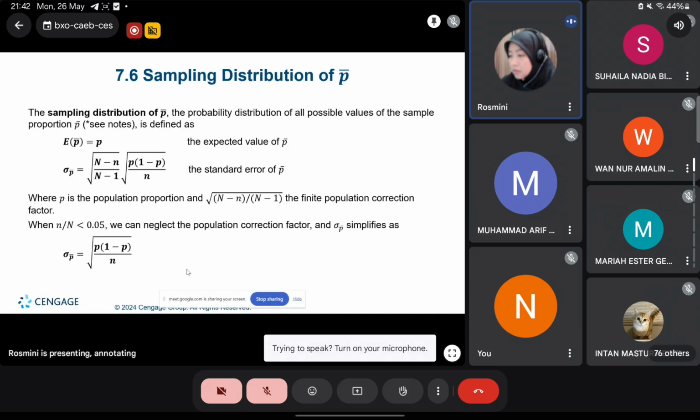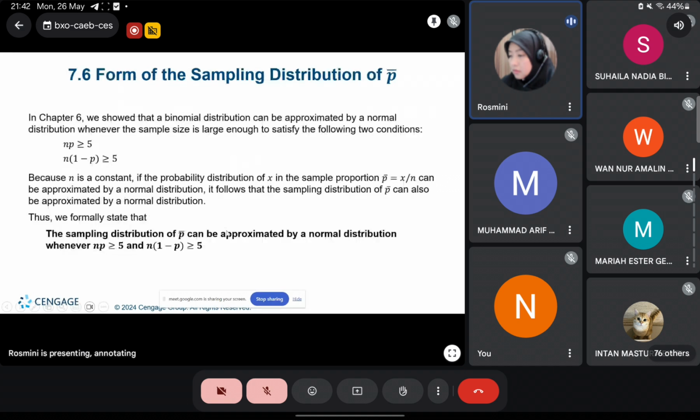Now you have the sampling distribution of P bar, the sampling proportion. The mean of the sampling distribution of the proportion is equal to P. It's the same thing here. So we go back to the binomial condition, where n times P is equal to or bigger than 5, and so on.